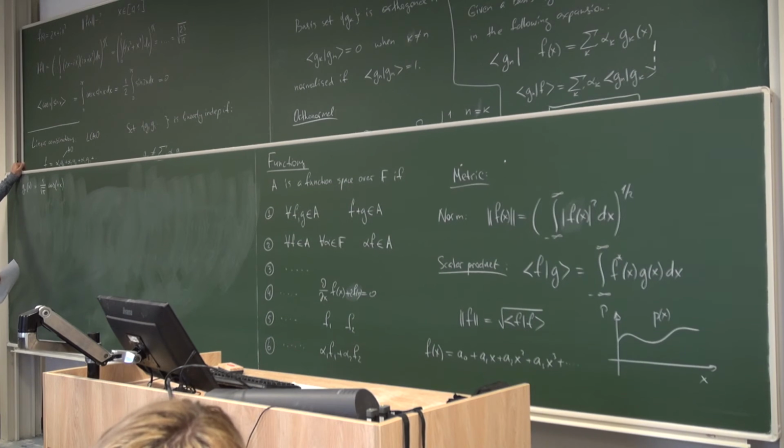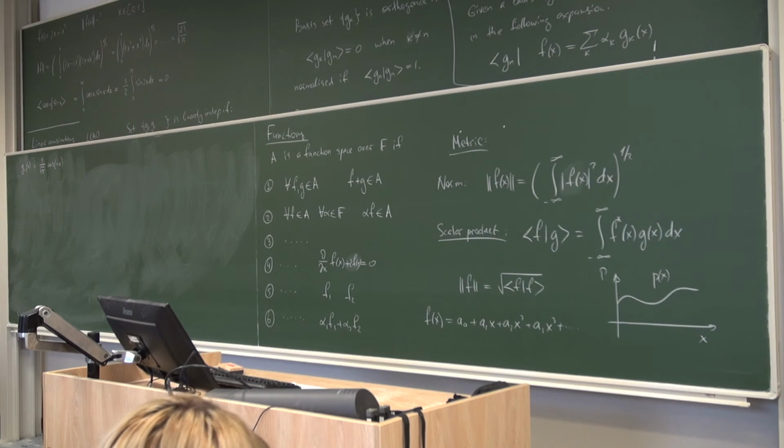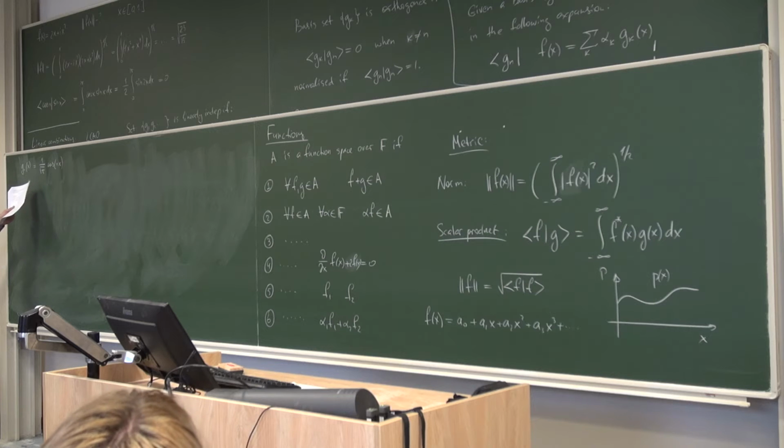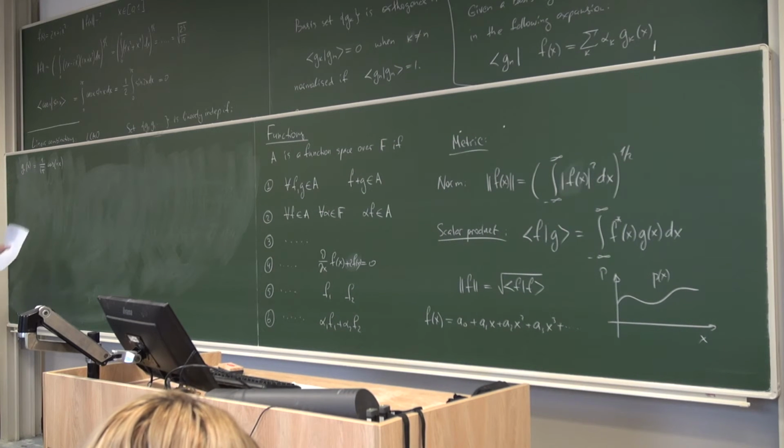Our task here is to demonstrate that this basis is in fact orthonormal. That is, we need to show that the norm is 1 for all n, and we need to show that if we pick a cosine with an n and a cosine with a k, if n is different to k, then these two functions are perpendicular.